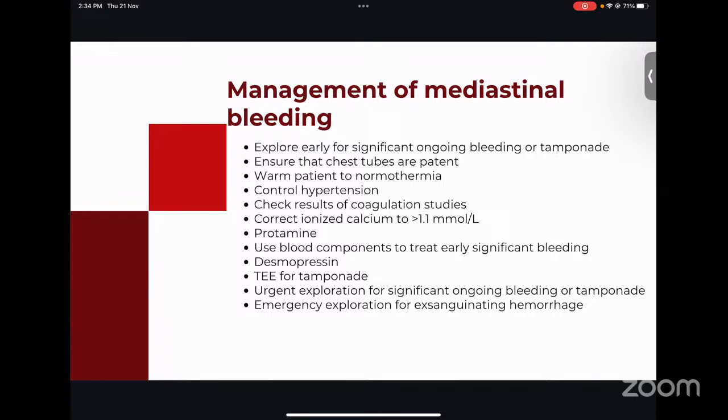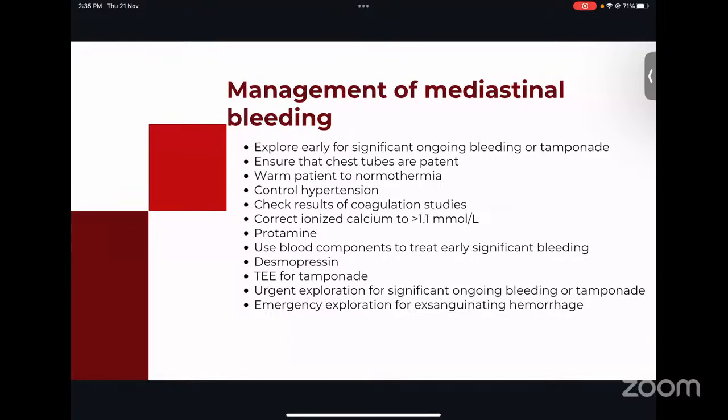Warm the patient to normothermia, because hypothermia produces generalized suppression of the coagulation mechanism and impairment of platelet function. Try to control hypertension with a beta blocker or vasodilator. Check the results of coagulation studies such as INR, prothrombin time, platelet count, and fibrinogen level.